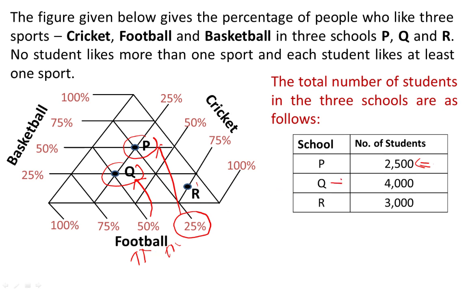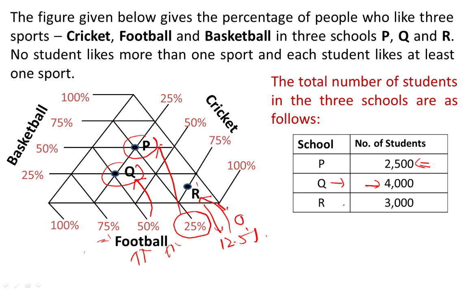So this is school Q. Total number is 4000. 50% of it likes football. R. The R is falling in between 0% and 25%. So the in-between percentage will be 12.5%. That means 12.5% of school R likes football.